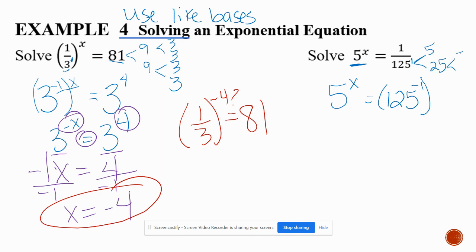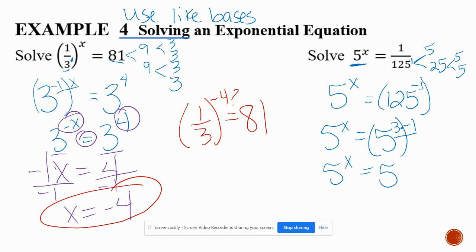Well, that's 5 times 25. 25 is 5 times 5. I see 3 5's. So we have 5 to the third to the negative first. 5 to the third came from breaking down the 125, and the negative 1 is still there. Exponent rules say we multiply the 3 and the negative 1 together. 3 times negative 1 is negative 3. Now that we have same bases of 5, we can say x is equal to negative 3.